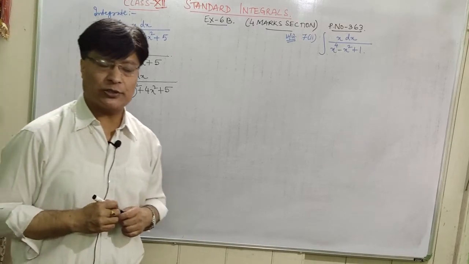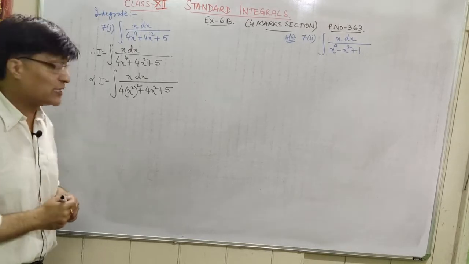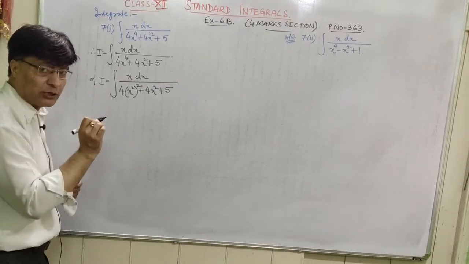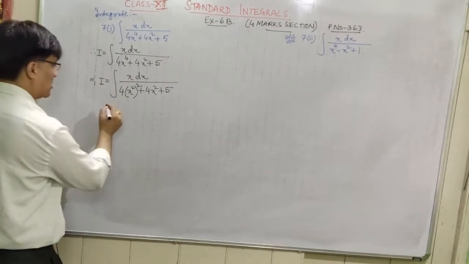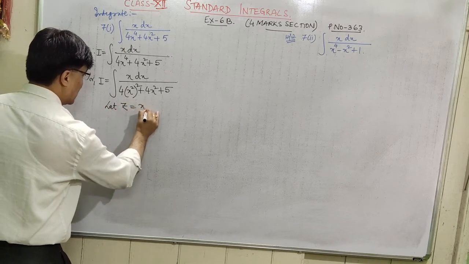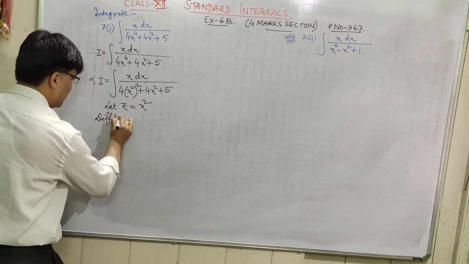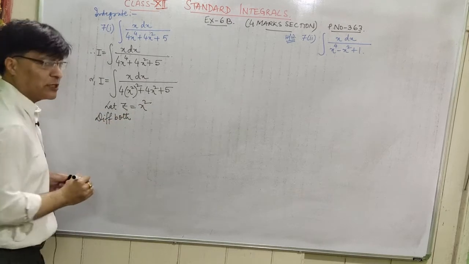Let us substitute z for x square. So let z is equal to x square. Okay, so here let us write differentiating while doing method of substitution.